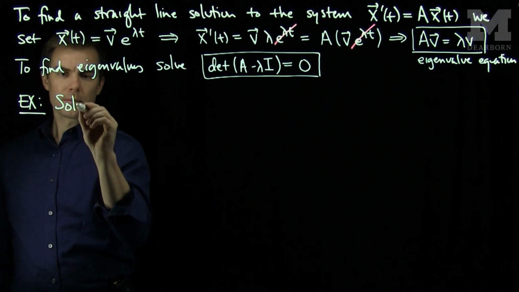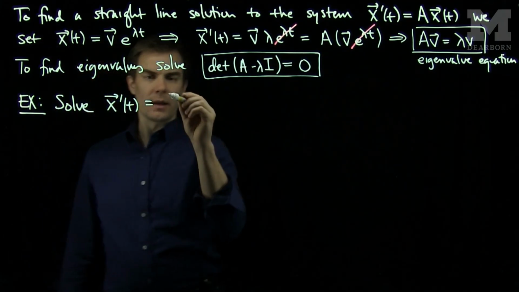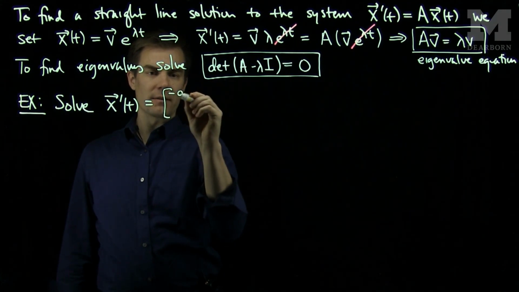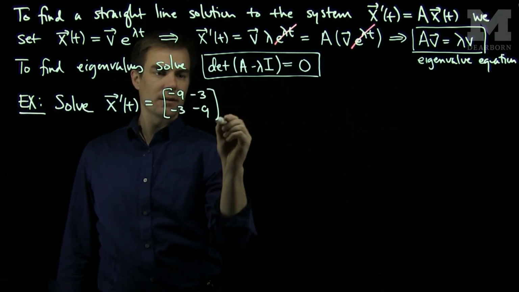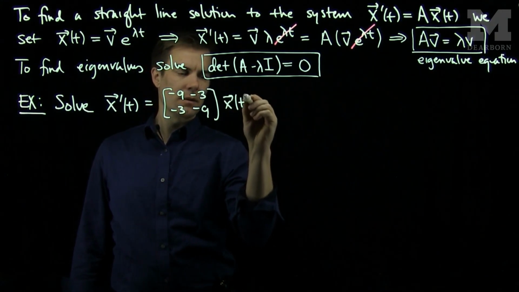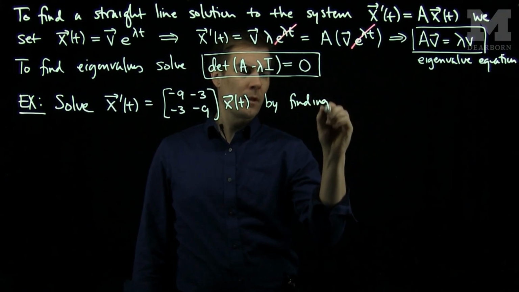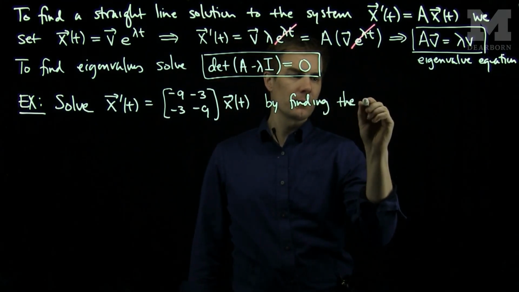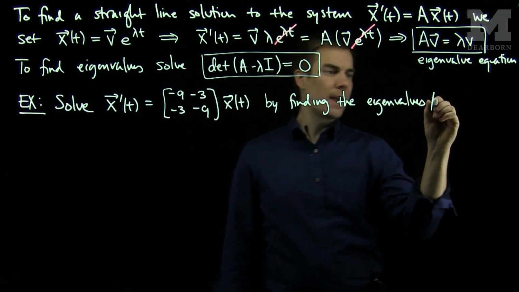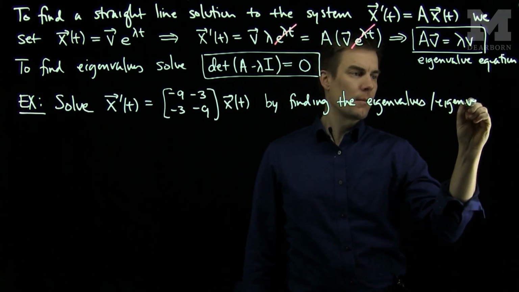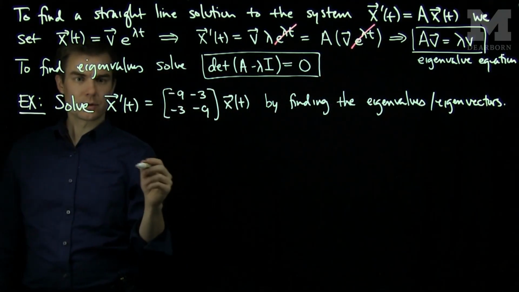Let's solve x prime of t equals the matrix negative 9, negative 3, negative 3, negative 9, times x of t, by finding the eigenvalues and the eigenvectors. So we solve our characteristic equation.